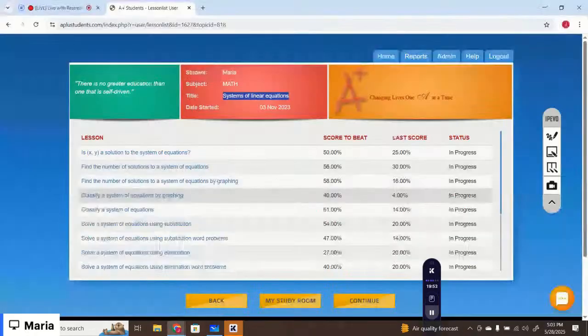So here I'm on page 10 math. The chapter we're on right now is system of linear equations.